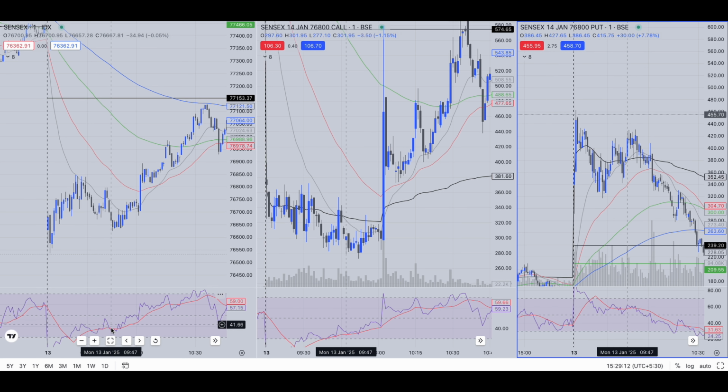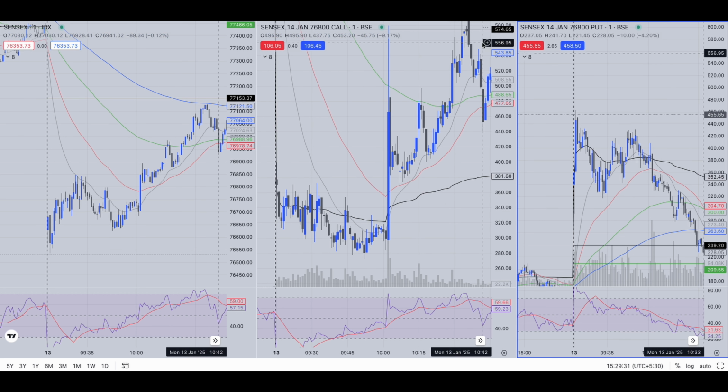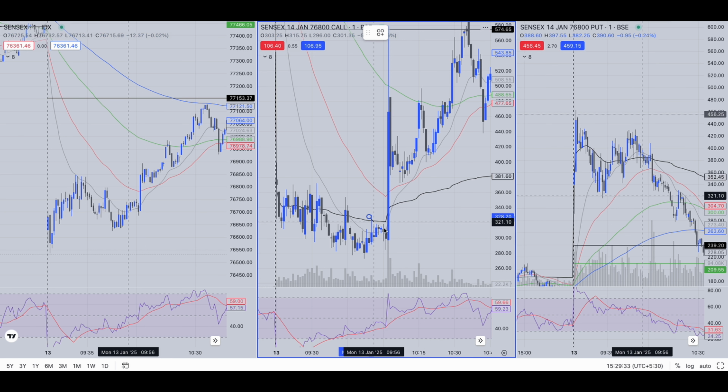Look at from here to here, this momentum has overpassed the earlier momentum, same as here as well. So you can clearly see that there is some sort of demand over here.